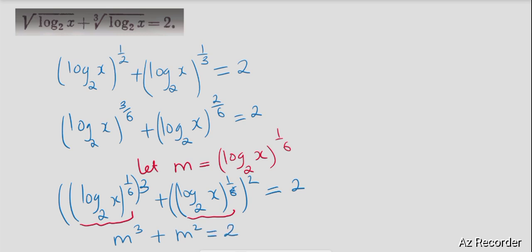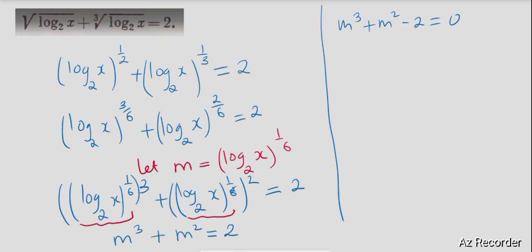And now we have transformed the logarithmic equation to a polynomial. All right. Now our next step from here, we are going to solve this polynomial equation, m to power 3 plus m squared minus 2 is equals to 0.